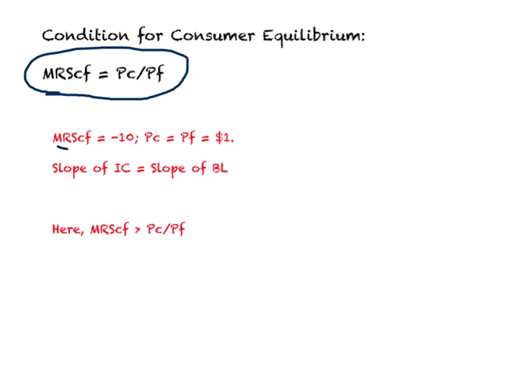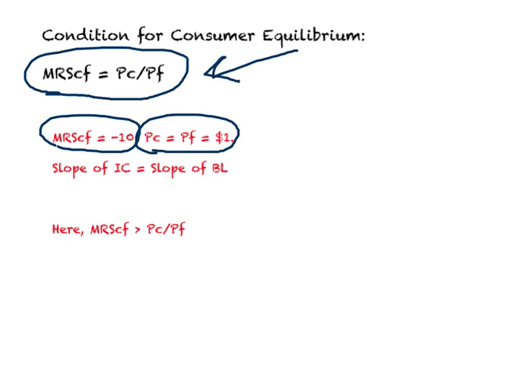Suppose MRS is given to you in a given situation as -10 and the price of clothing equals price of food, and this is equal to 1. Now for attainment of this condition we require the slope of the community indifference curve to equal the slope of the budget line, or in other words MRSCF must equal PC by PF. Now we calculate PC by PF, and that will be 1 divided by 1, and that will give us 1.